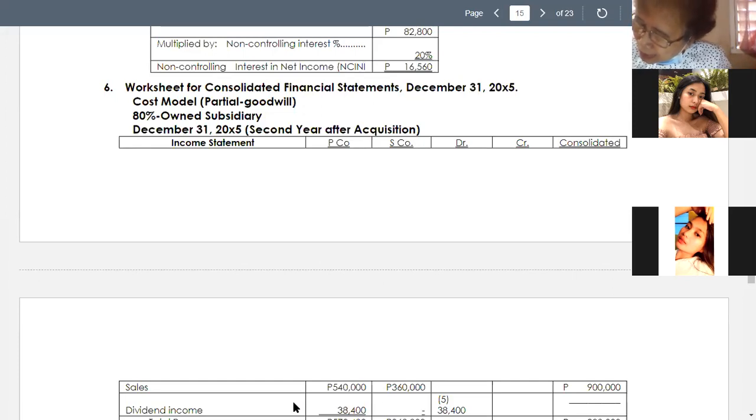Then, 12 to 16. The next one, actually, the questions are very long. According to the problem here, 17 to 20. Actually, it's 17 to 28. It's a very long problem. 17 up to number 28.